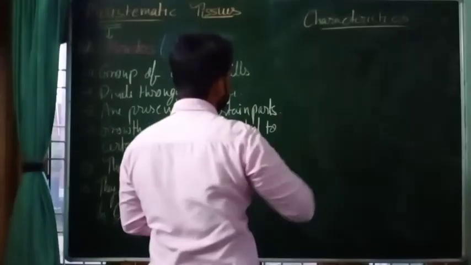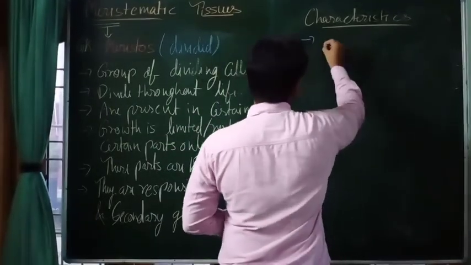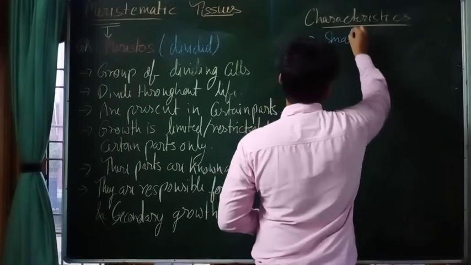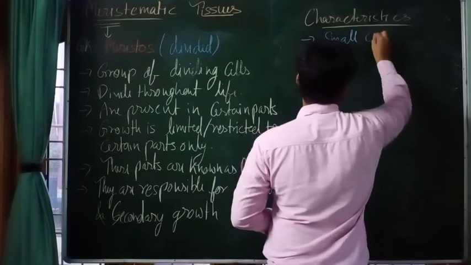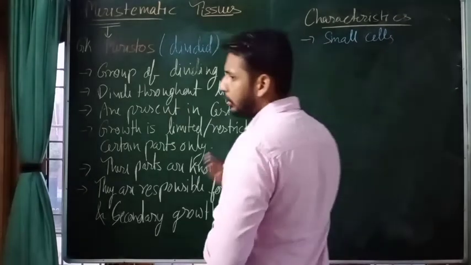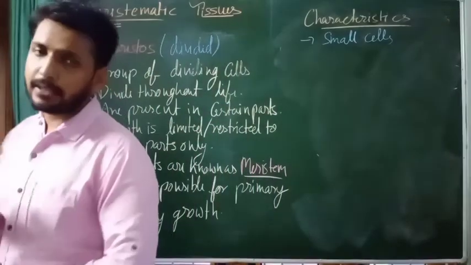Characteristics. So first is small. These cells are not much large, and these are dividing.